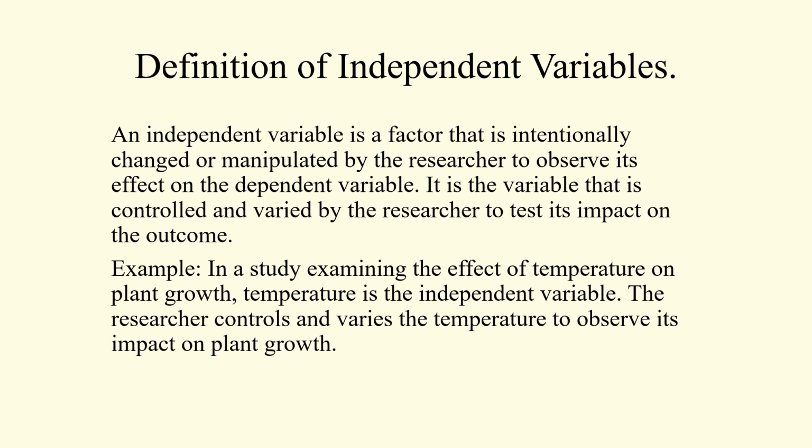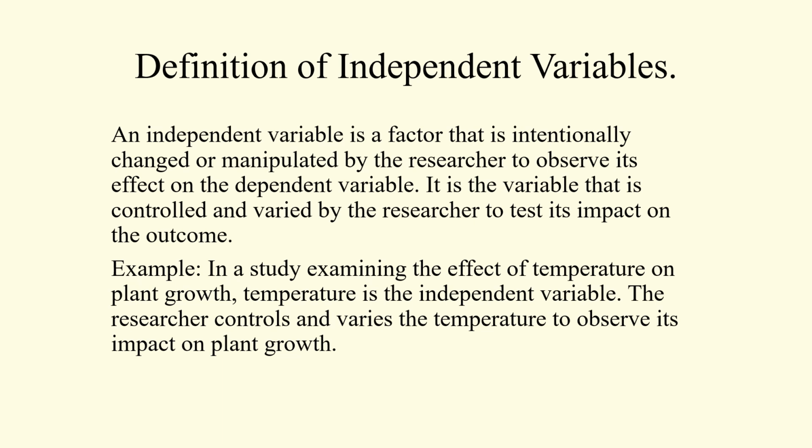Independent variables are defined as a factor that is intentionally changed or manipulated by the researcher to observe its effect on the dependent variable. It is a variable that is controlled and varied by the researcher to test its impact on the outcome.